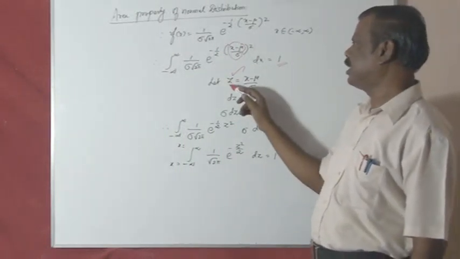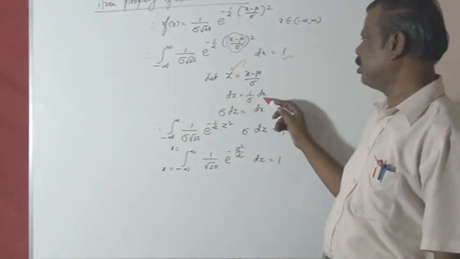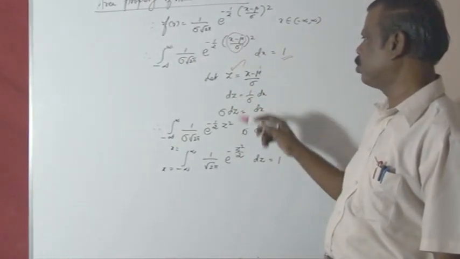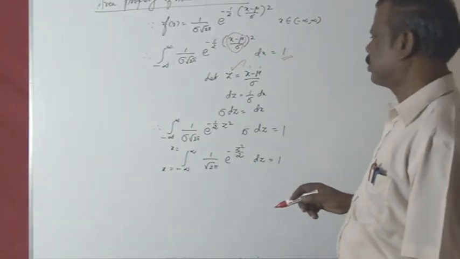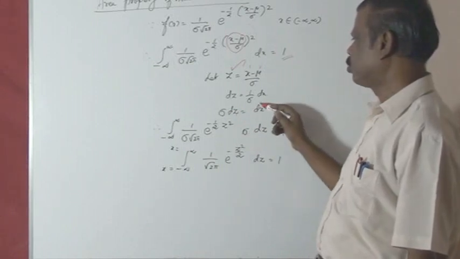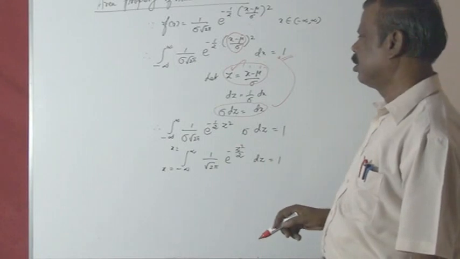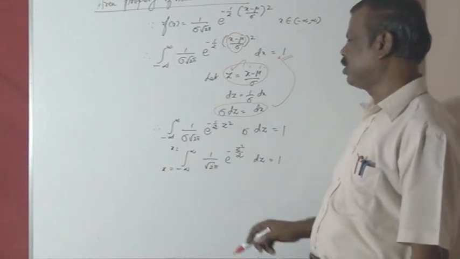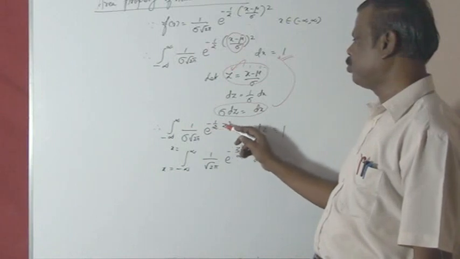Therefore, when you differentiate z with respect to x, dz is equal to 1 by sigma dx. Mu becomes 0, the x derivative is 1, so 1 by sigma into dx. Therefore, dx is equal to sigma into dz. When you substitute these two values in the above equation, we have the integral from minus infinity to plus infinity of 1 by sigma root 2 pi e power minus 1 by 2 z square.